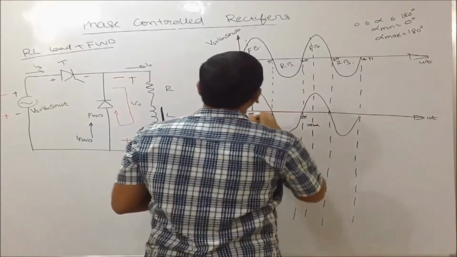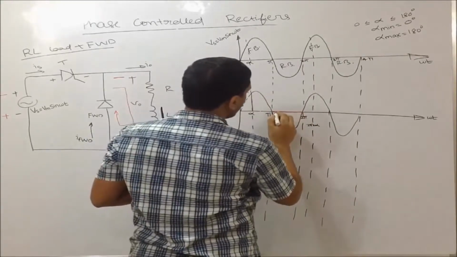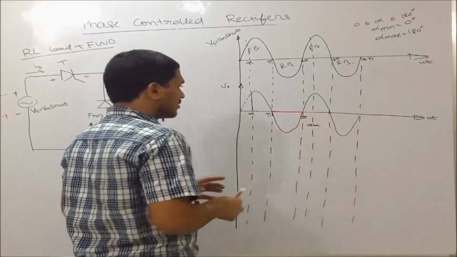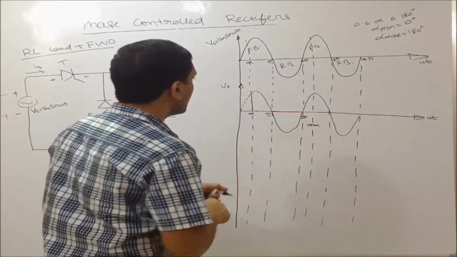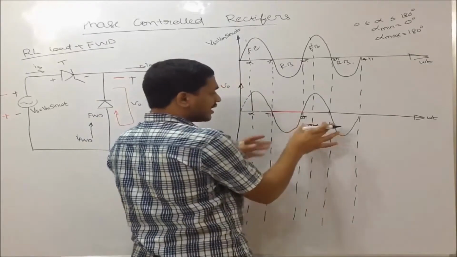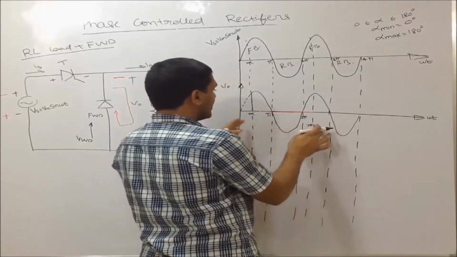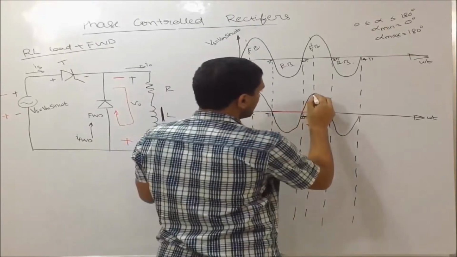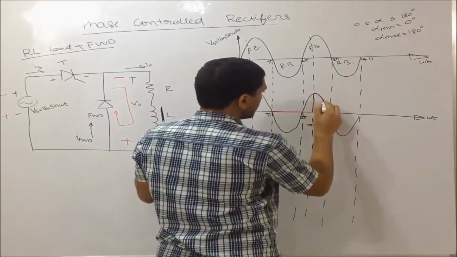So this freewheeling diode conducts up to 2 pi plus alpha. This we will discuss, how it conducts up to 2 pi plus alpha. Again, when we come to the next cycle, the same thing comes. Again, in the second cycle, we find alpha, meaning at 2 pi plus alpha from omega t equal to 0. And the same story repeats.